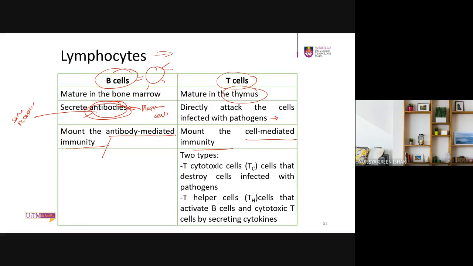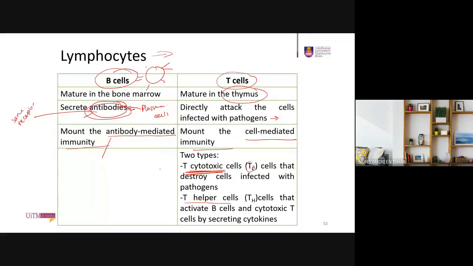Okay, so two types, you have the T cytotoxic cells. Kena letak cytotoxic ni sebab kita ada dua tadi, helper T cell dengan cytotoxic T cells, that destroy cells infected with the pathogen.